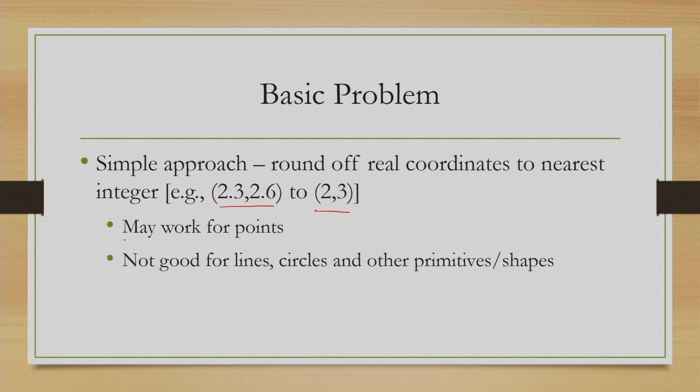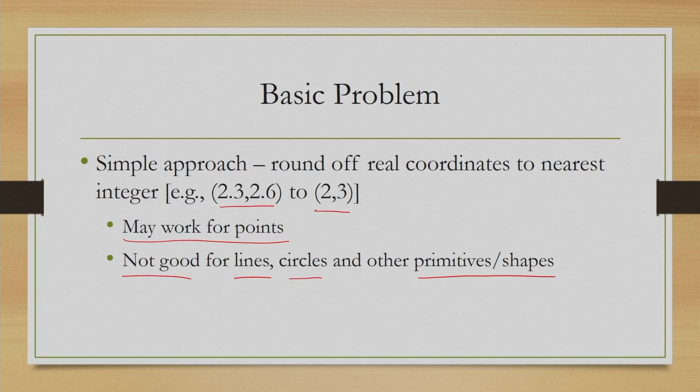However, this may be good for converting points or mapping points from continuous coordinate space to discrete coordinate space. However, same scheme may not be good for lines, circles or other primitive shapes that are required for rendering a scene.